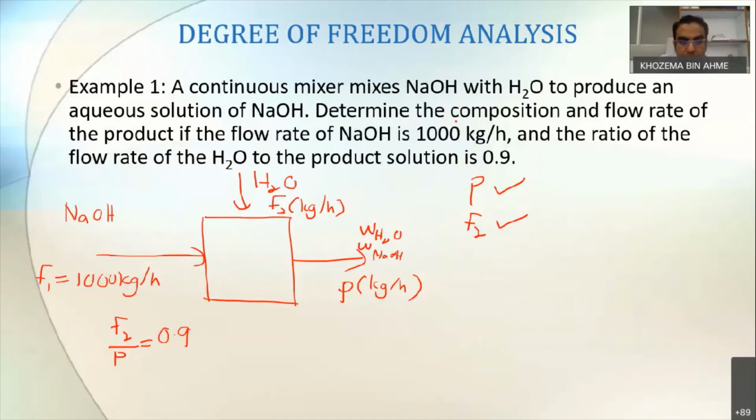What does it mean by composition? Okay, if I tell you the flow rate of product, the flow rate of product is the P value. So what is the composition of the product?